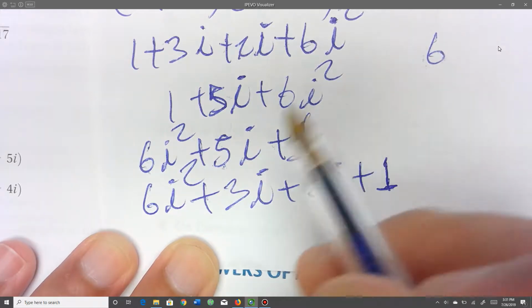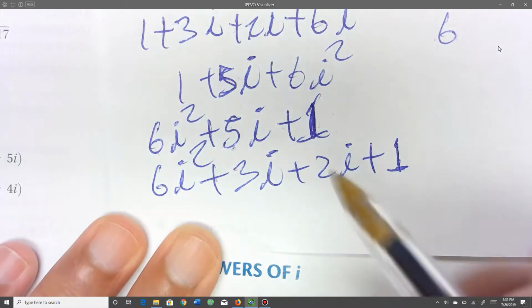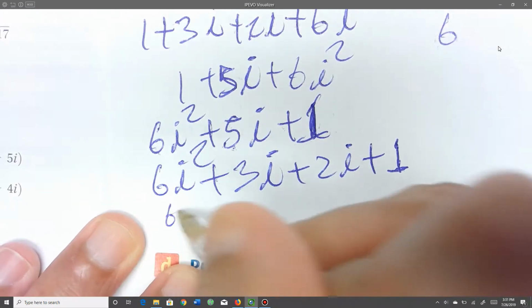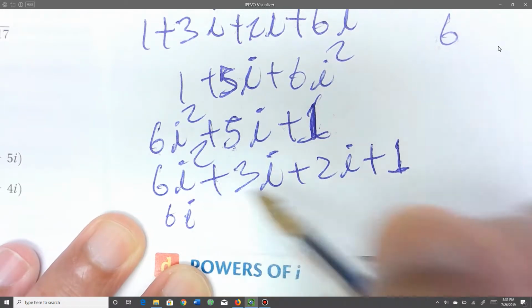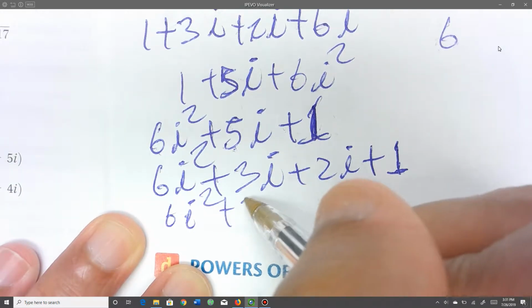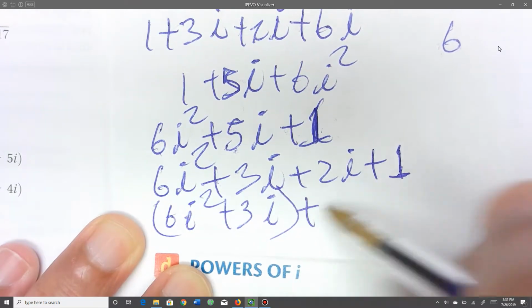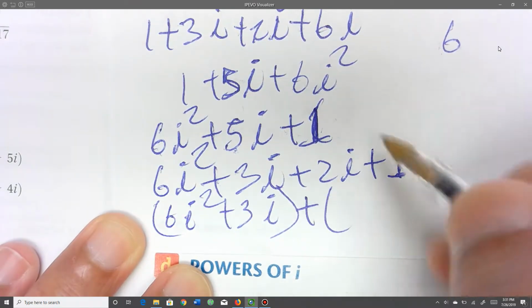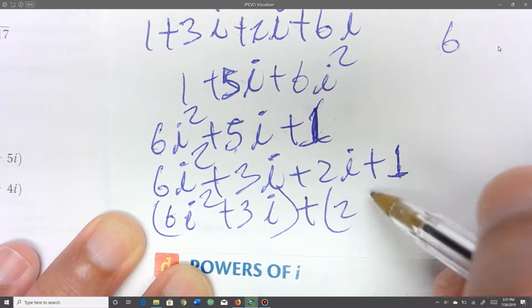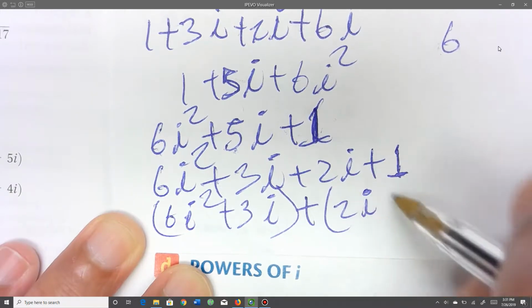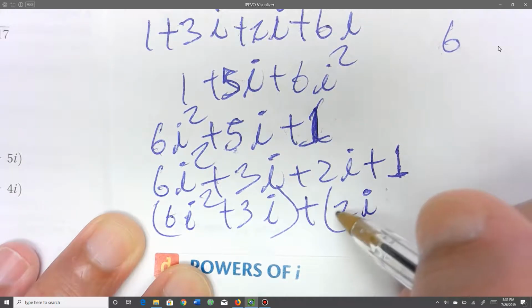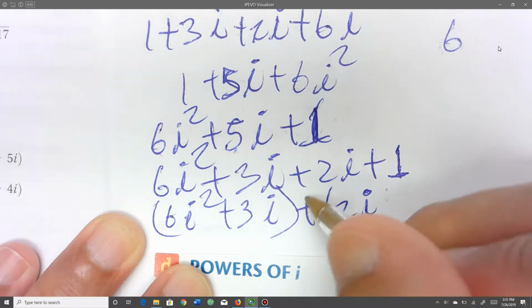So now I'm ready to group. The best way to do it is by going like this and always adding a plus sign in between those 2 terms. Even if you have a negative sign here, it doesn't matter.